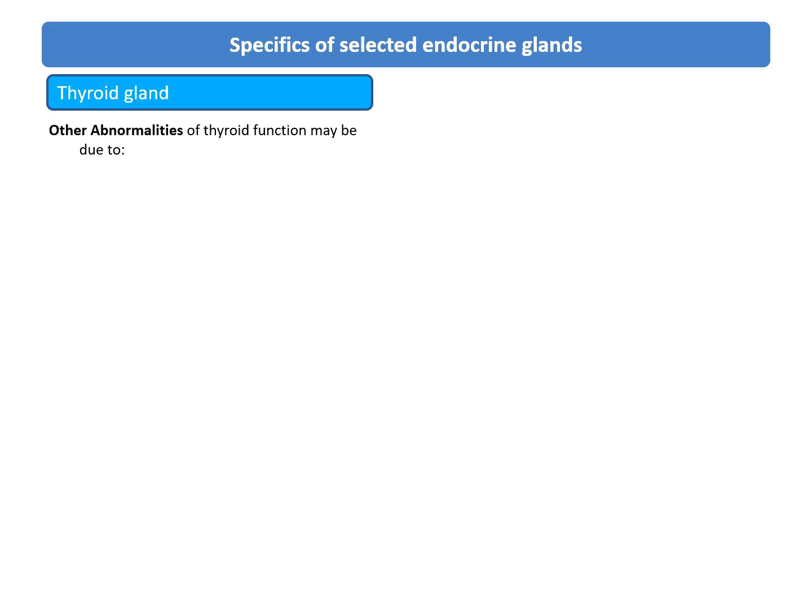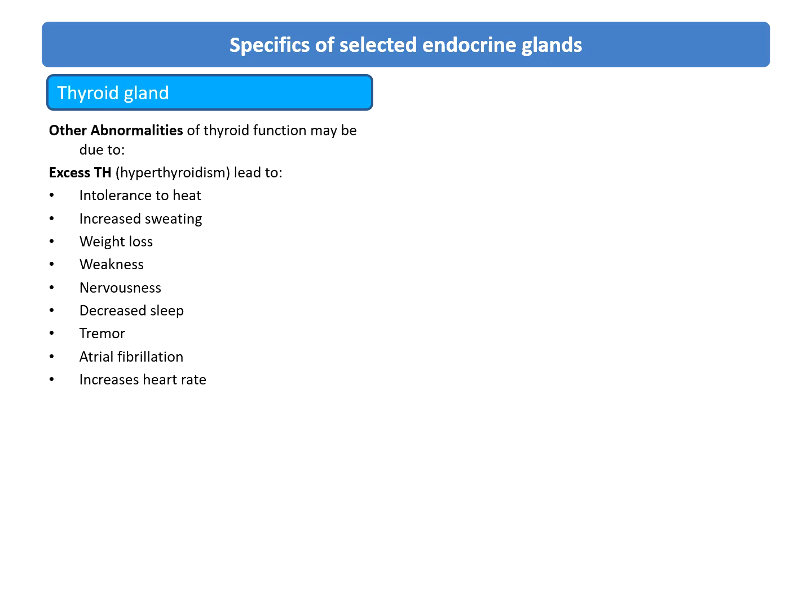Other abnormalities of thyroid function may be due to excess TH. This is hyperthyroidism. These abnormalities include such things as intolerance to heat, weakness, decreased sleep, increased heart rate, and some of the others that are listed.